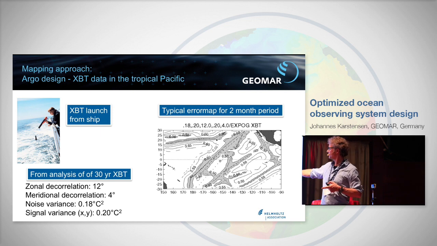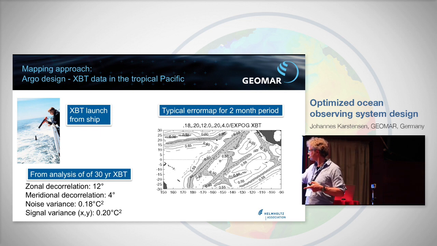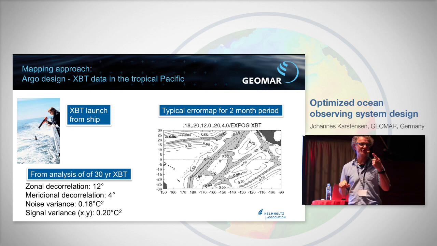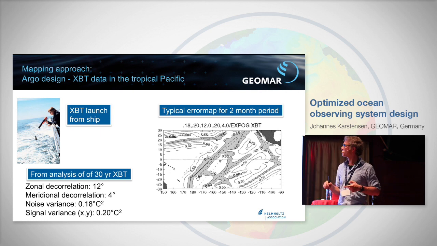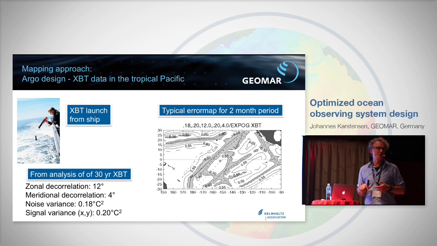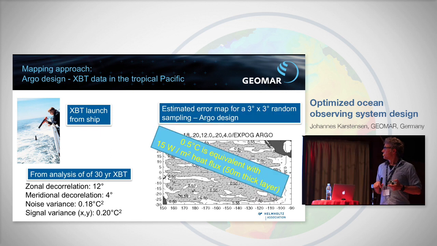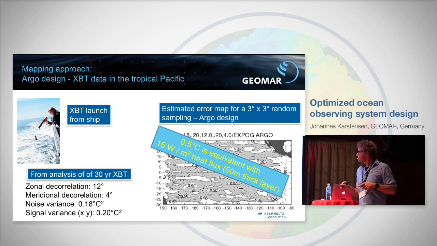Along the lines where you see the dots, which are all the observational data, the error is less than 0.5 degrees. This is the gridding that has been done for a 2-month period, a typical error map. Okay, is 0.5 degrees good or not good? I will come to that.